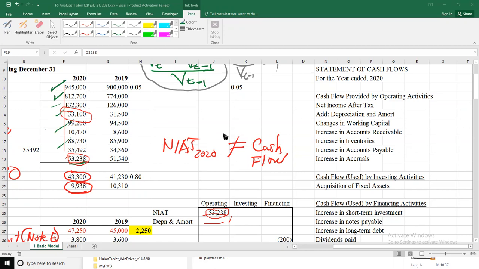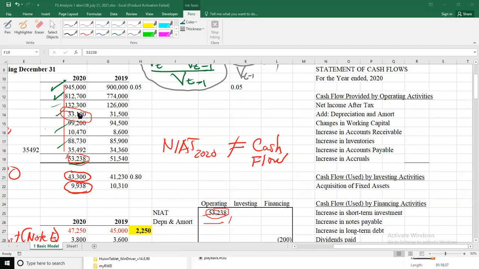All right. So kasi guys, yung 53,238 na yan, yung net income after tax, hindi cash yan. Bakit? Kasi may mga binawas tayo dyan o may mga dinagdag tayo na non-cash, therefore making it not equal to cash. So in order to adjust this again, guys, kung may dinagdag tayo na hindi naman dapat dinagdag kasi hindi siya cash, ibawas natin.